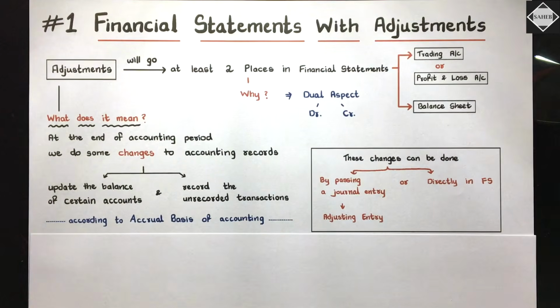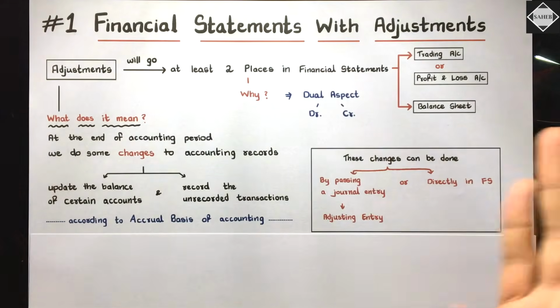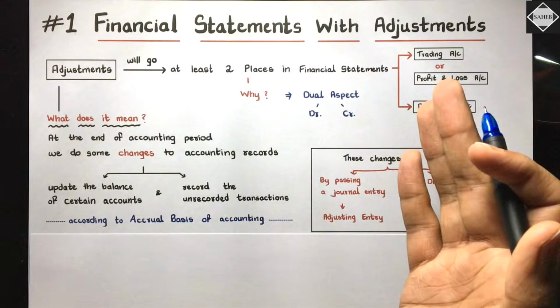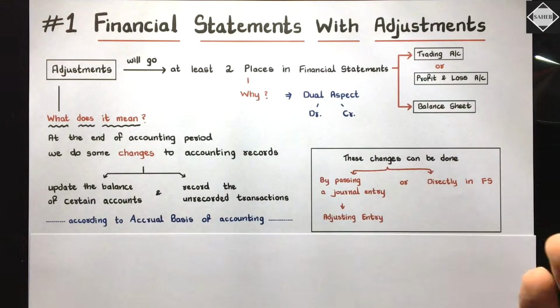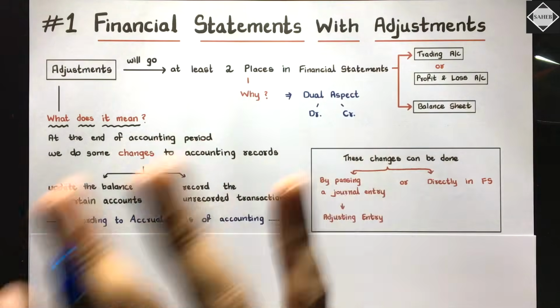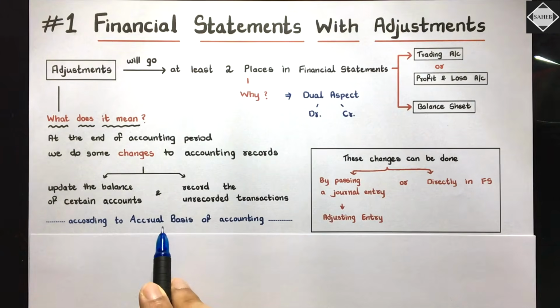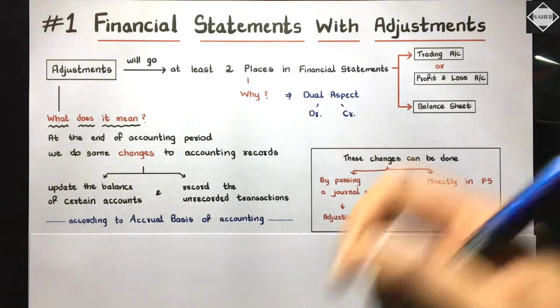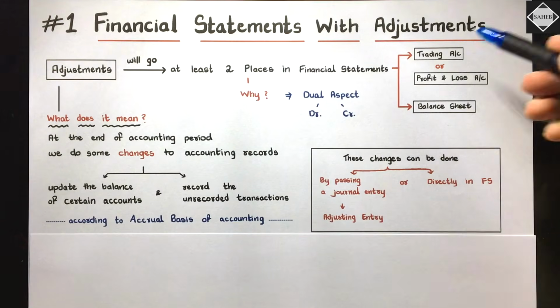So what will happen is, when we are going to prepare the financial statements at the year end or at the end of the month or at the end of the quarter, at that time our accounting records will not be in complete accordance with the accrual basis of accounting. There will be some problems, some inaccuracies. So because of that, we must do these adjustments.